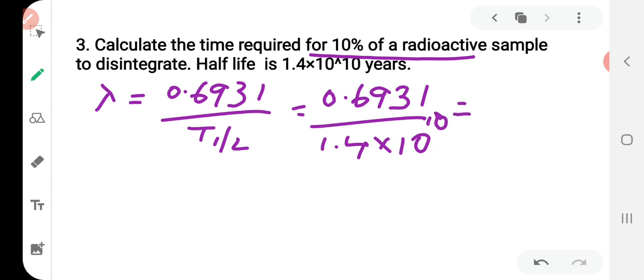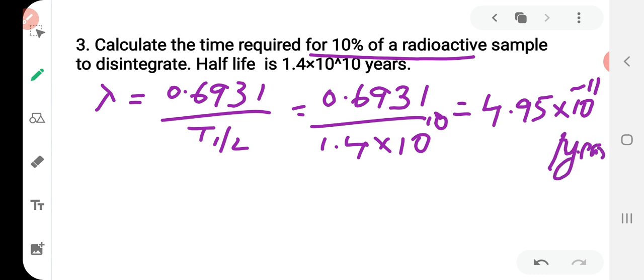So calculating we get 4.95 into 10 raised to minus 11 and the unit will be per year. So here you can see the half-life period is very high, so the decay constant is very small. If the decay constant is very small, it will take a large time to disintegrate.